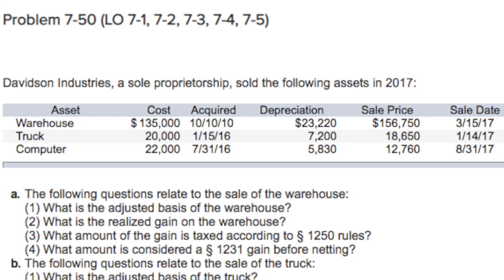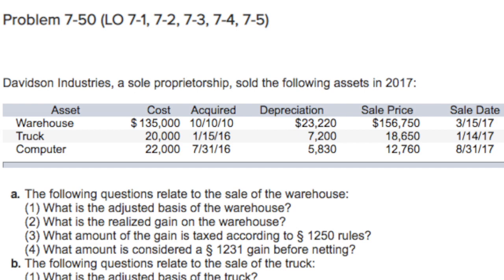So we have three assets: a warehouse, which cost $135,000, which we acquired or bought on 10/10/10. We took depreciation of $23,220, and then we have a sale price of $156,750, and our sale date here in 2017, about 7 years later. Then we have a truck, cost $20,000, purchase 1/15/2016.